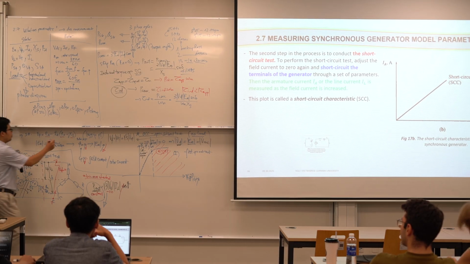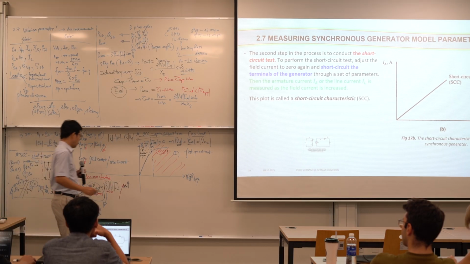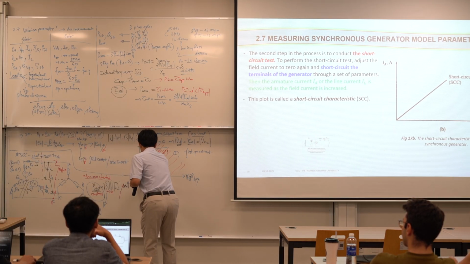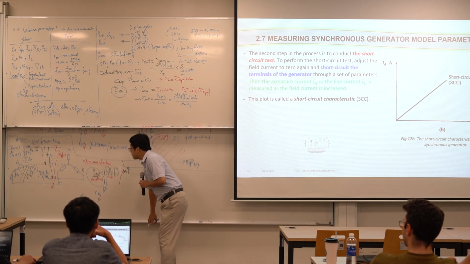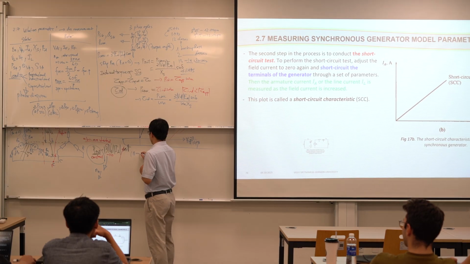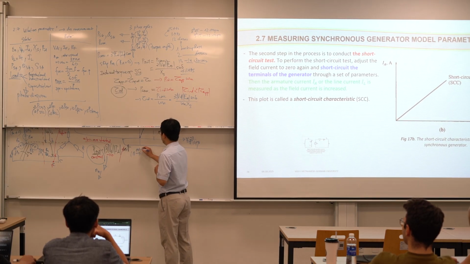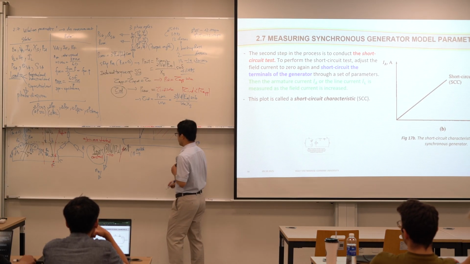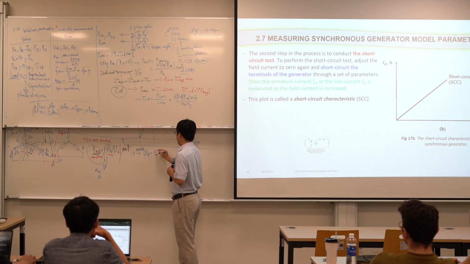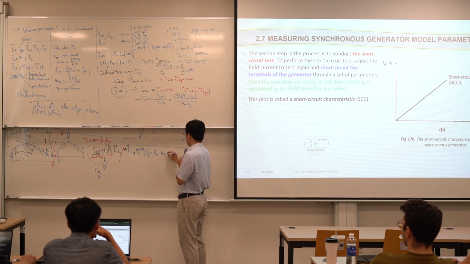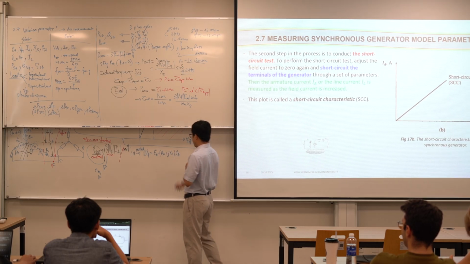Now we modify this equation. Number one, revised. We have E, we have V per phase: EA minus (RA plus JXS) times IA.